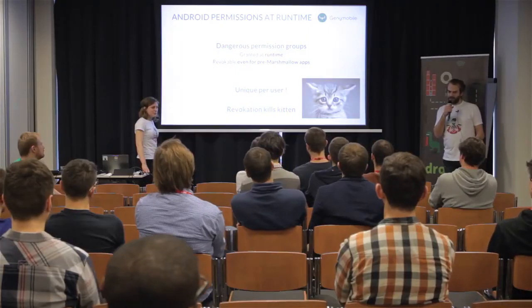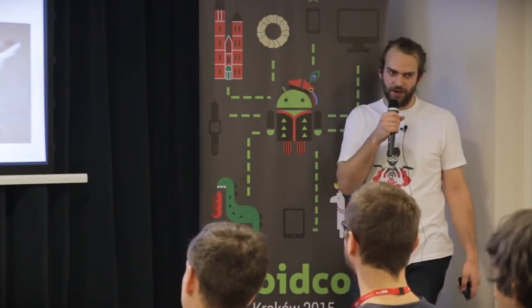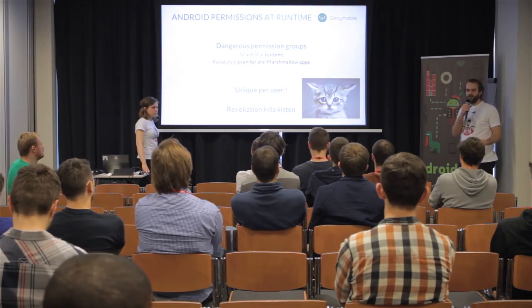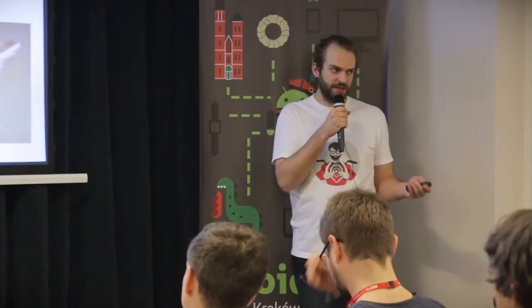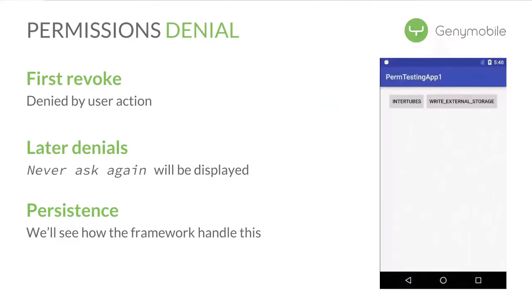And revocation kills kittens, well, it's just that when you revoke a runtime permission, all related packages get killed. So you kind of have to know that. It is very transparent to the user, actually, because it still holds the application information in the recent tasks, but the underlying process related to this application gets killed and relaunched appropriately.